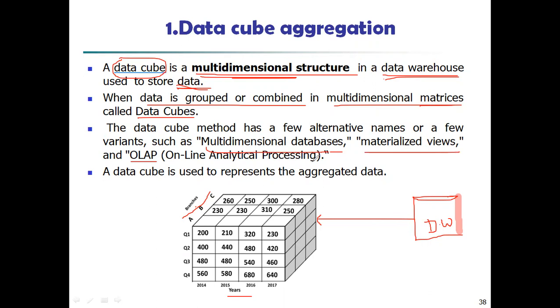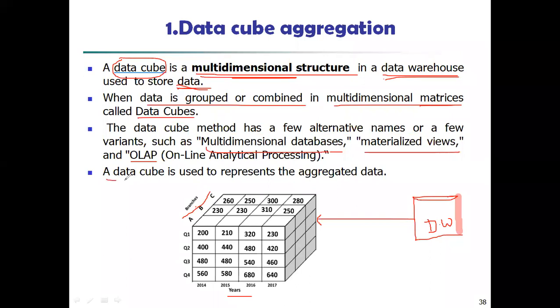These are the other alternative names for a data cube here. What are those? Multidimensional databases, materialized views, and OLAP. These are the other names of a data cube, isn't it?